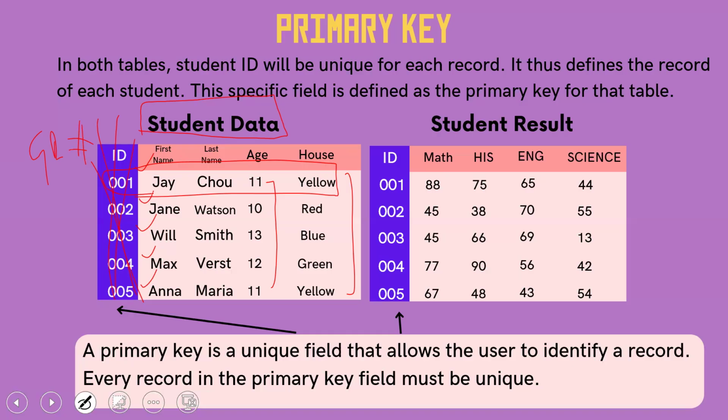If you were going to ask the system that I would like to go for the age 11, it will bring two different things. That won't be a unique identifier, right? So the primary key is going to find out the unique data in our entire database. Any other question?